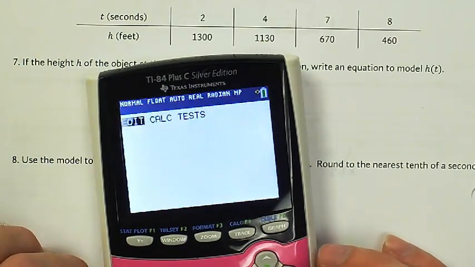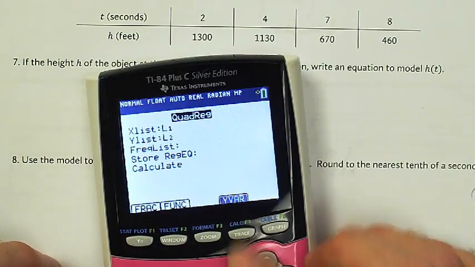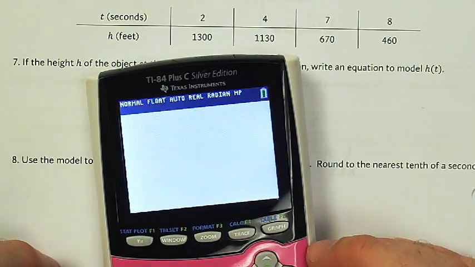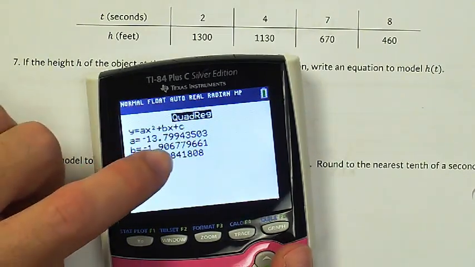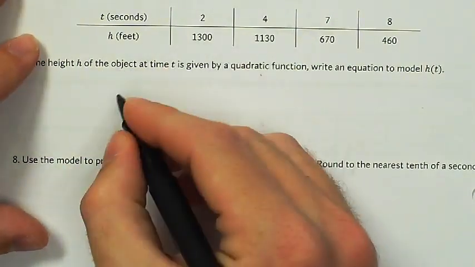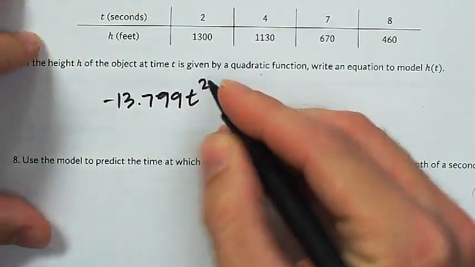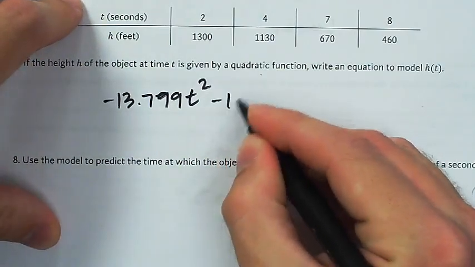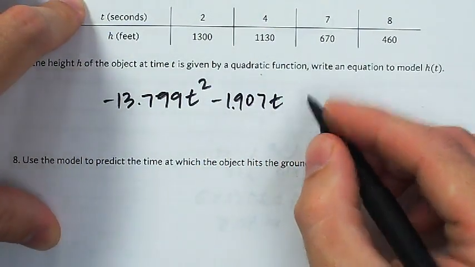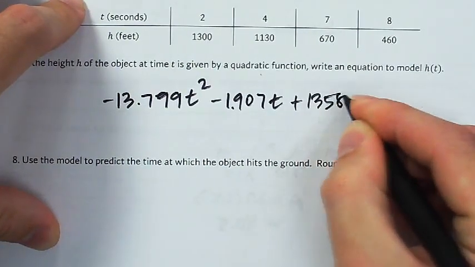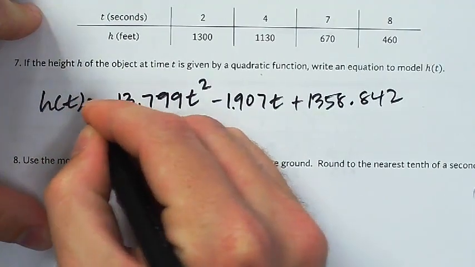And stat, calculate quadratic regression. We can store this into y1. And then we're going to have negative 13.799 t squared minus 1.907 t plus 1358.842. That's going to be h of t.